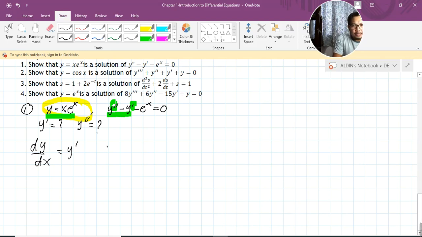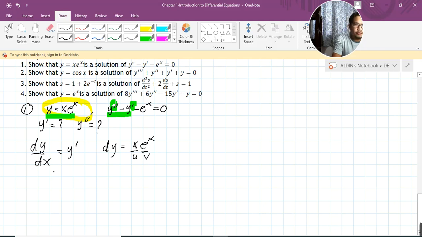Therefore, hanapin natin yung derivative of y. So, this is equals to x e raised to x. Lalabas, ito yung magiging u, and this will be your v. Tama?